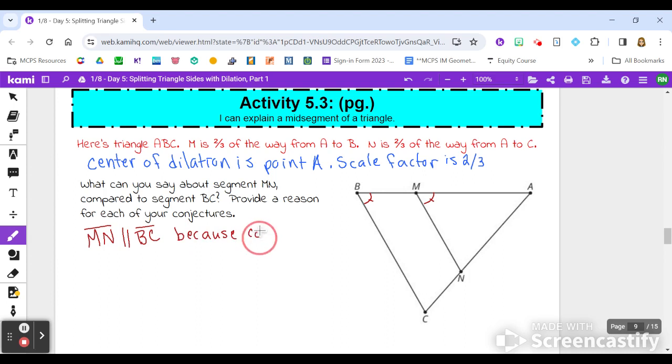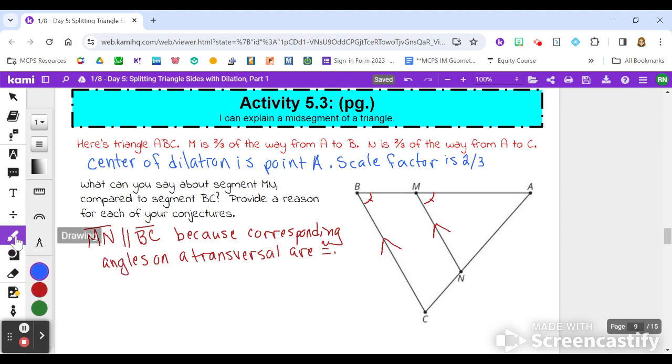because corresponding angles on a transversal are congruent. Okay, so that means these two segments are going to be parallel.